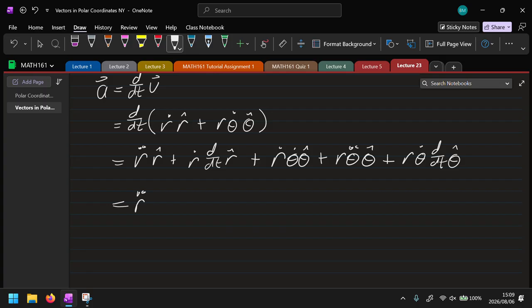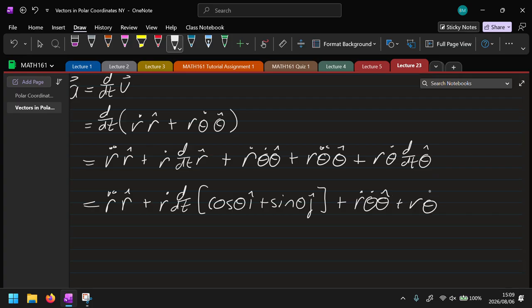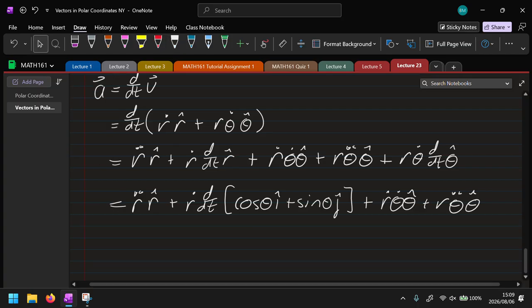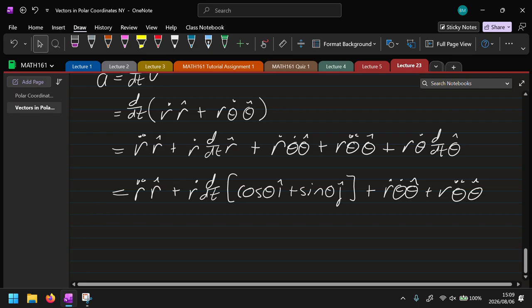So this is going to be r double dot, r hat, plus r dot, d by dt of r hat. We know what that is from before. Plus, then the next two terms, we just leave as is. They're already done. And the last one, we need to substitute so we can calculate that last derivative.